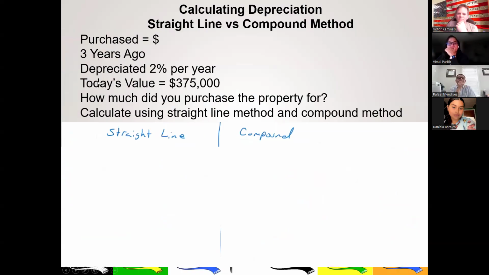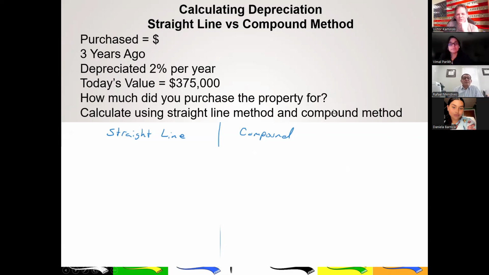Give it another go. Before we finish up this chapter, let's see if you guys can figure out the straight line and compound methods for calculating the purchase of a property. I'm not going to help you. Let's see if you could figure this out without the instructions written here now. Okay. So the question is, you purchased the property 3 years ago, depreciated 2% per year. Today's value is $375,000.